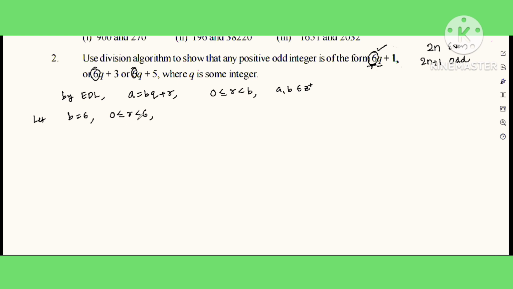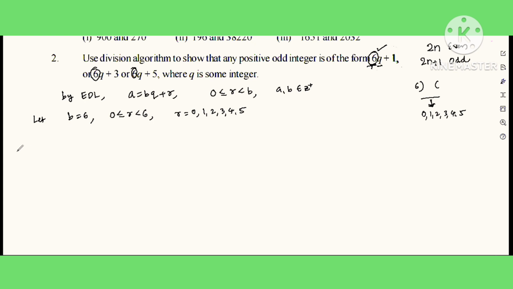When you divide any number by 6, the possible remainders are 0 or 1 or 2 or 3 or 4 or 5. So r equals 0, 1, 2, 3, 4, 5.